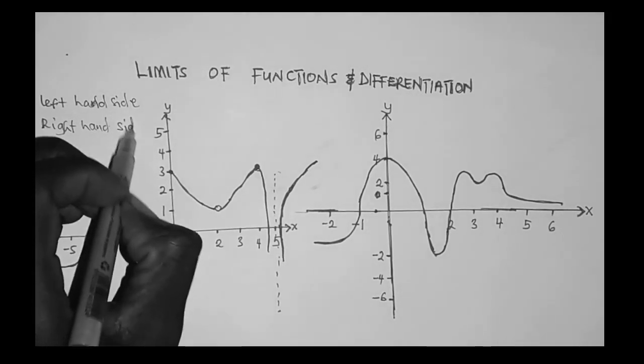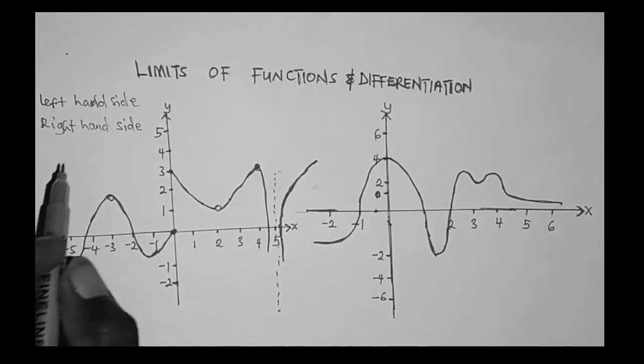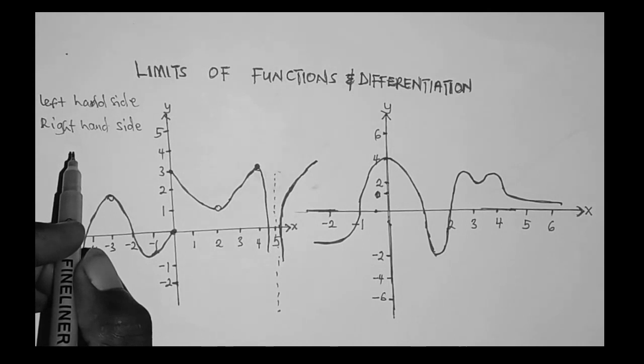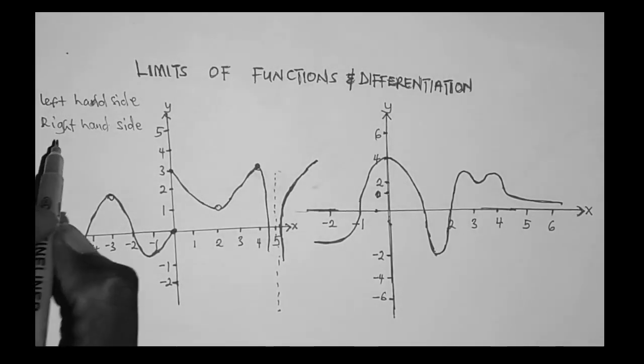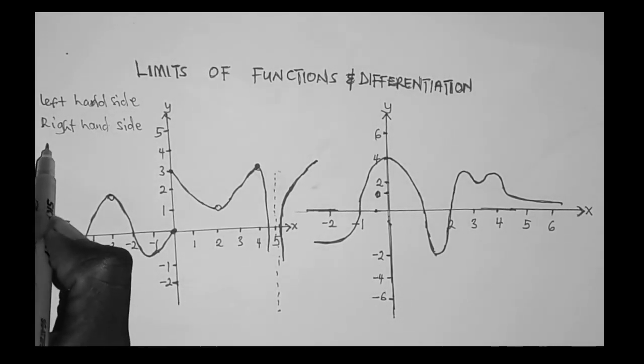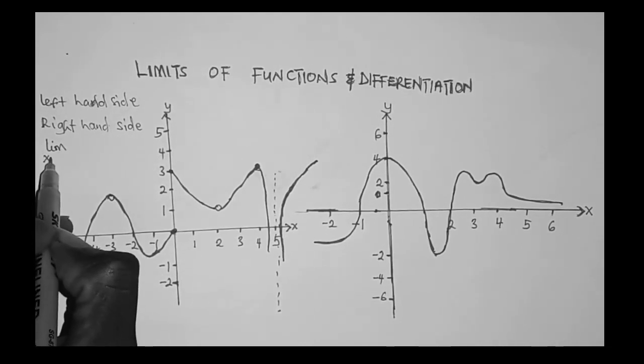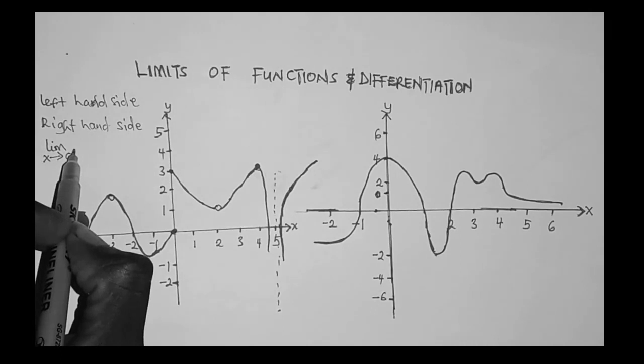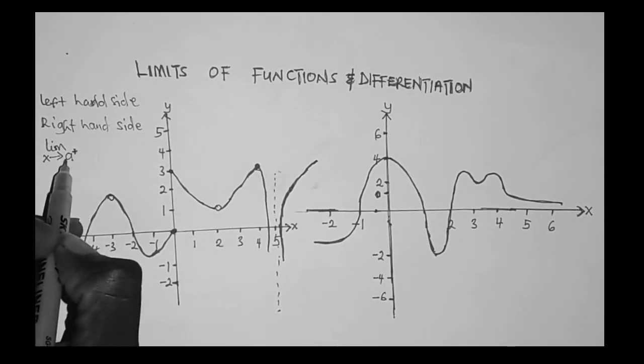So now, what is the distinction between the left hand side limit and the right hand side limit? For example, if we have the limit as x approaches a, then you normally see a plus sign here.